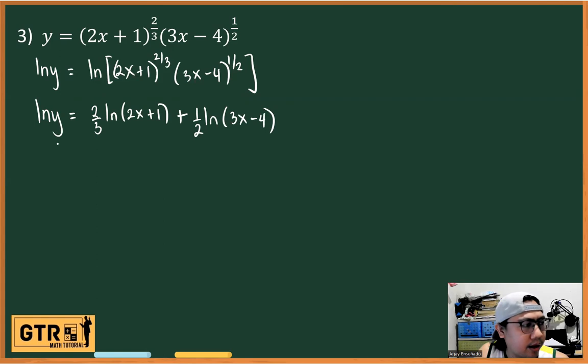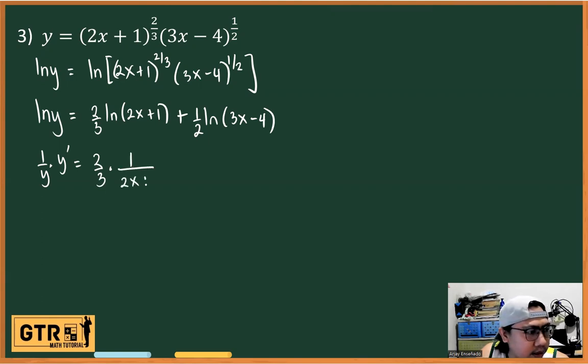So now differentiate with respect to x. So derivative of this is 1 over y times y prime equals, just copy 2/3 times derivative of ln 2x plus 1, which is 1 over 2x plus 1 times derivative of 2x plus 1. So that is 2.